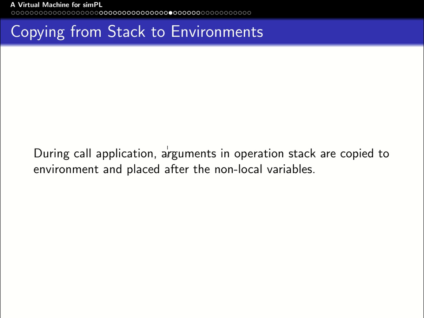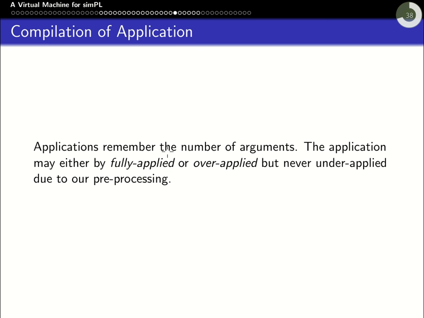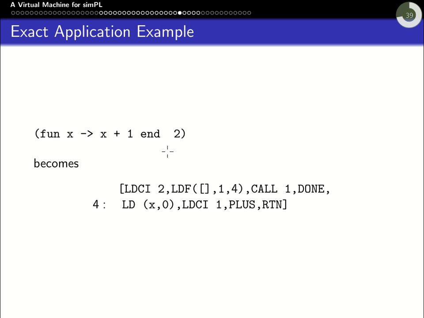If you look at GCC and the way GCC compiles code, at how you perform a function call and see the sequence, this will become very clear. So applications remember the number of arguments. It can be either fully applied or over applied, but never under applied, because we have our preprocessing.